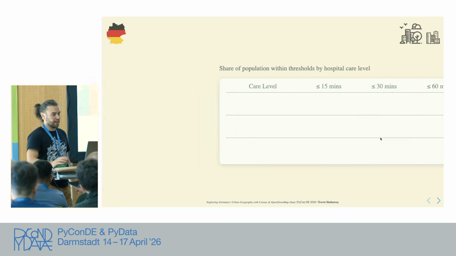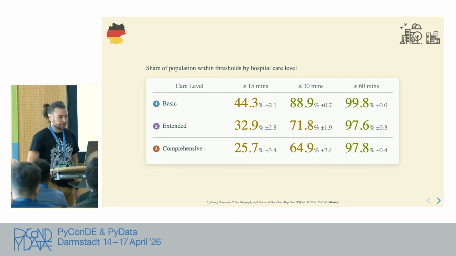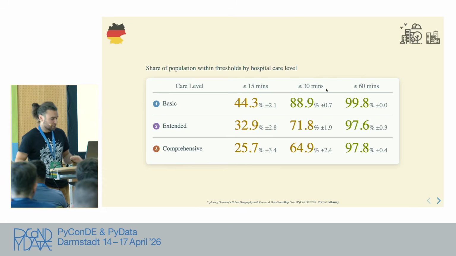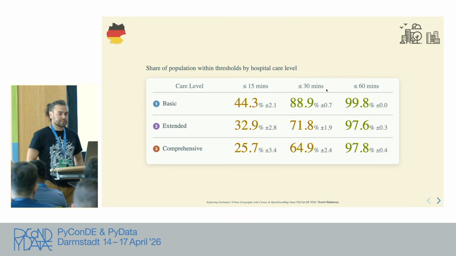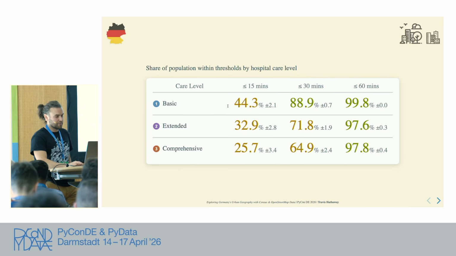But let's take a look now at the different care levels. So for 1, 2, and 3, we can see that the 60-minute story is pretty good, nice coverage. But where this starts to look a little bit more interesting is the 30-minute level. Now we can see that there are some differences between the level 1 type hospitals and the level 3 type hospitals.